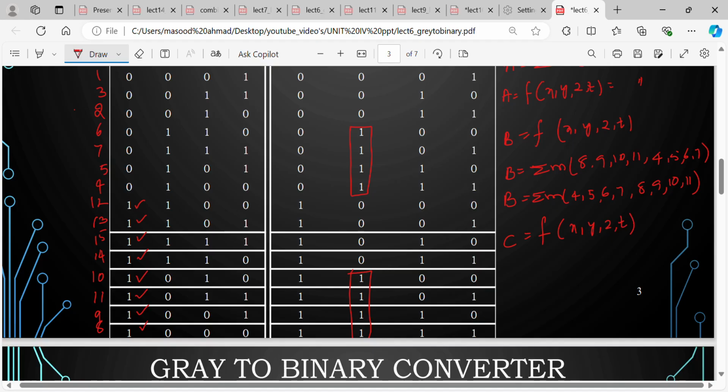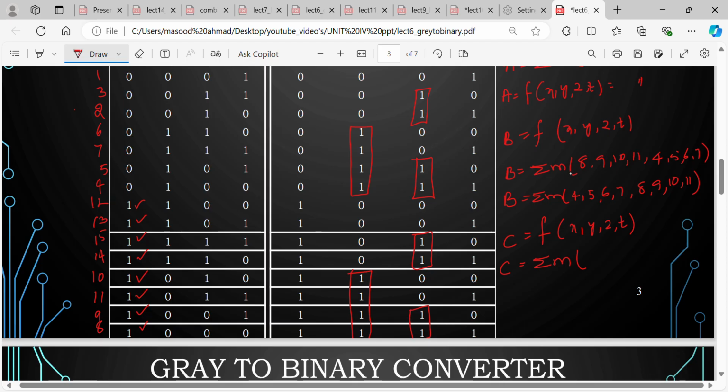For C, we need sigma m for which it is 1. It is 1 for 2 and 3, then 4 and 5, then 8 and 9, and the other two, 14 and 15.